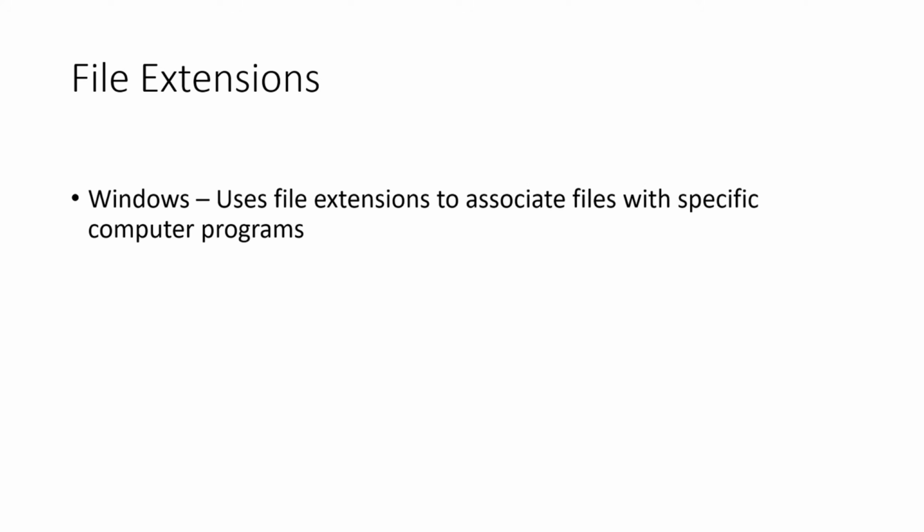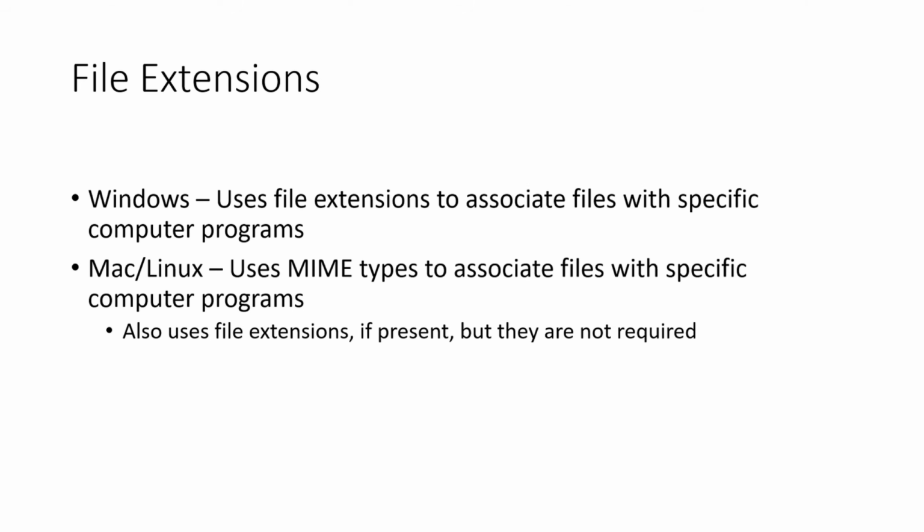So if you are following along and you're on a Windows machine, I'm sure that made perfect sense. If you're on a Mac or Linux, right? Mac and Linux don't actually use file extensions. Well, they do, but the primary way that they associate files with a particular program is through a thing called a MIME type. Now, I'm not going to get into the details of it. MIME stands for Multipurpose Internet Mail Extensions.